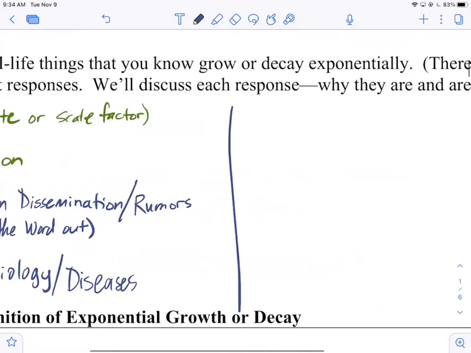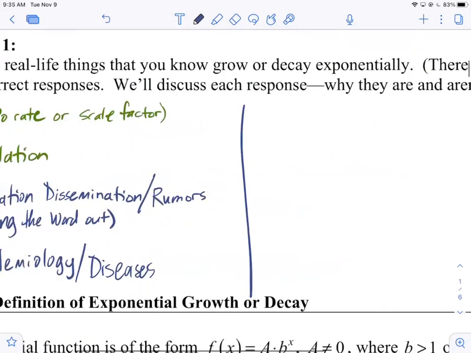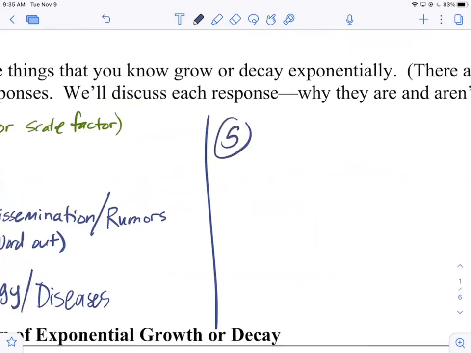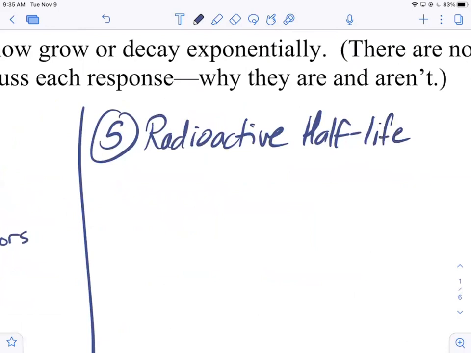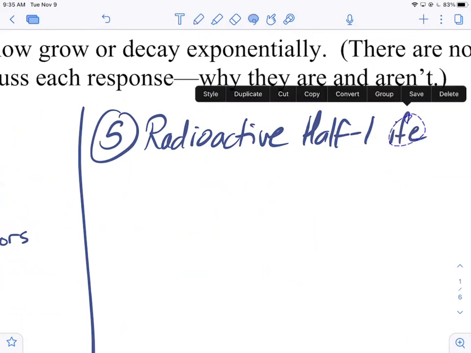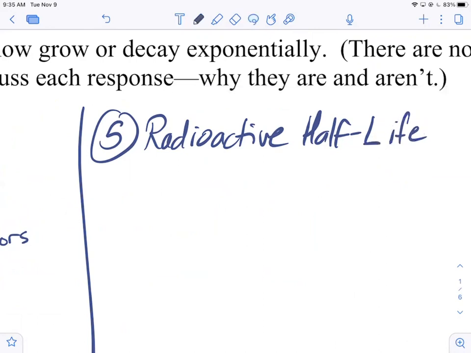This is a great little conversation we're having. What is this, number 5? We'll just say radioactive half-life. I'll just do it singular, half-life. Does anyone besides Aiden, now that he reminded us, know what the idea behind a half-life is?